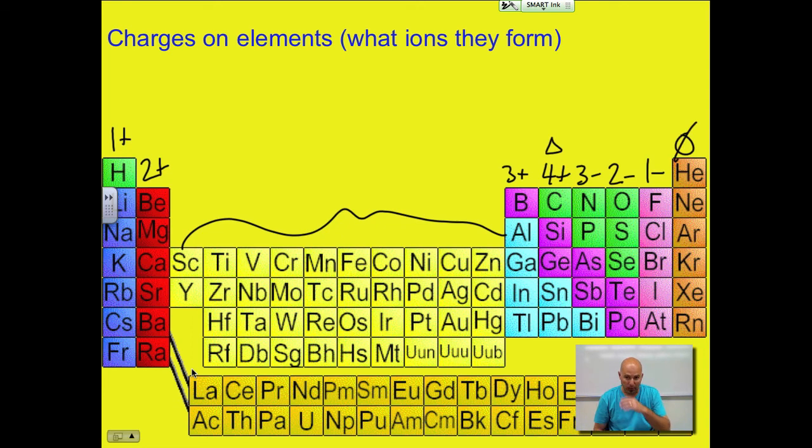And of course your noble gases are neutral. So not really much of a song, but at least we go 1 plus, 2 plus, skip our middle, 3 plus, 4 plus but can change, 3 minus, 2 minus, 1 minus. And those are the charges that these elements form.